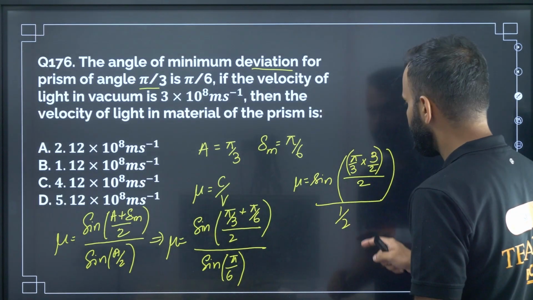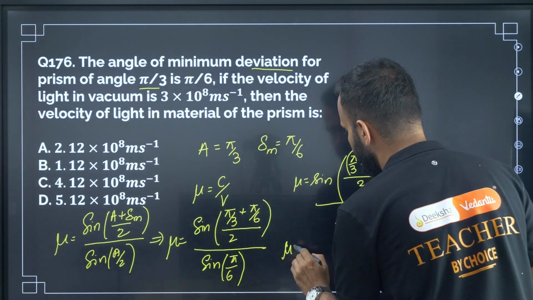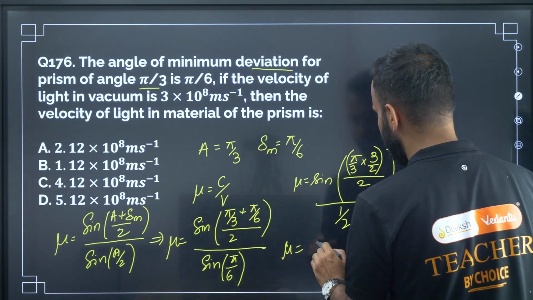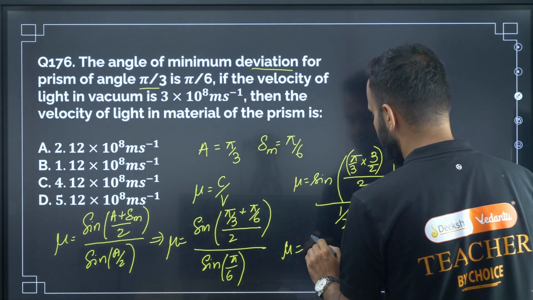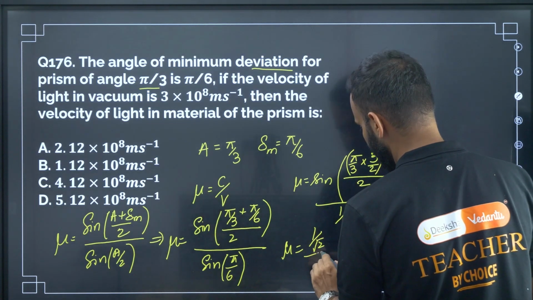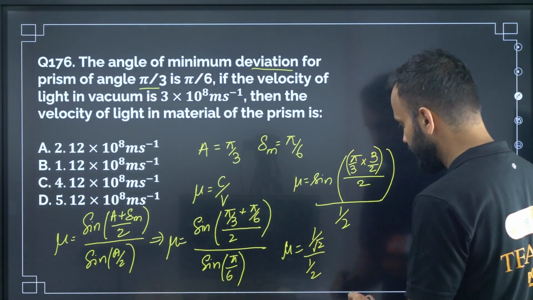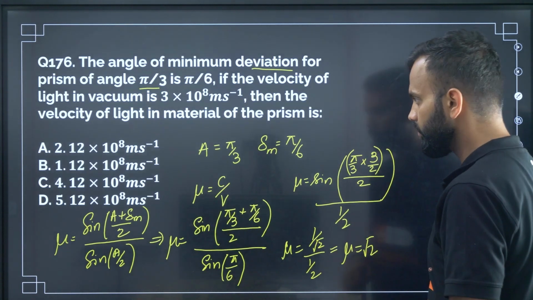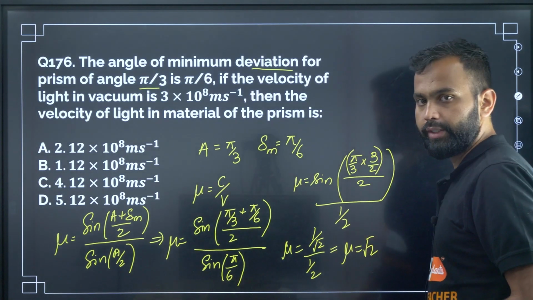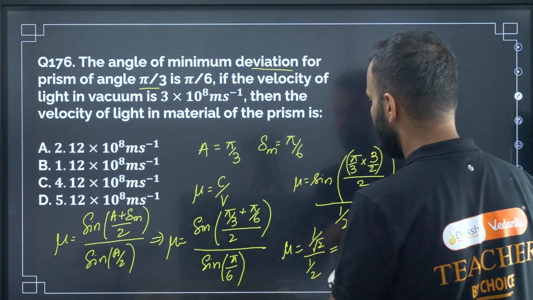Sine of pi by 4 is 1 by root 2, right? So 1 by root 2 divided by 1 by 2 is root 2. Mu equal to root 2. Root 2 is 1.414, right? We got the value of mu.